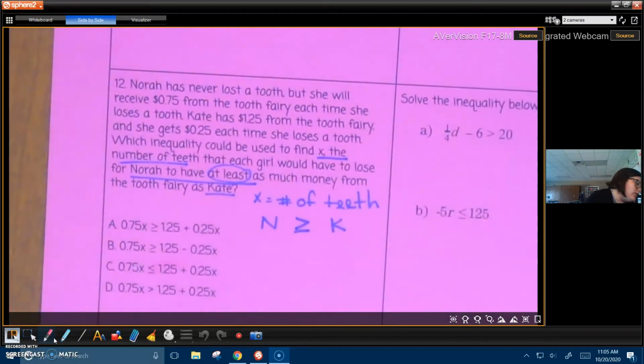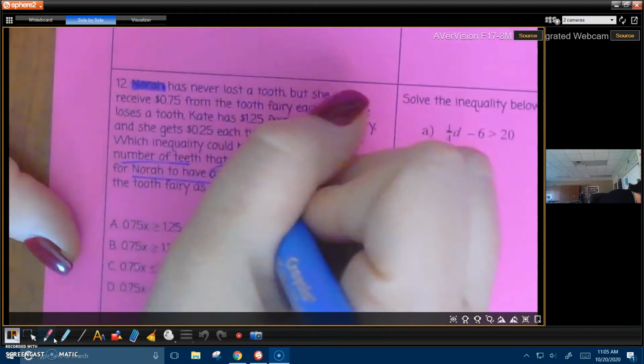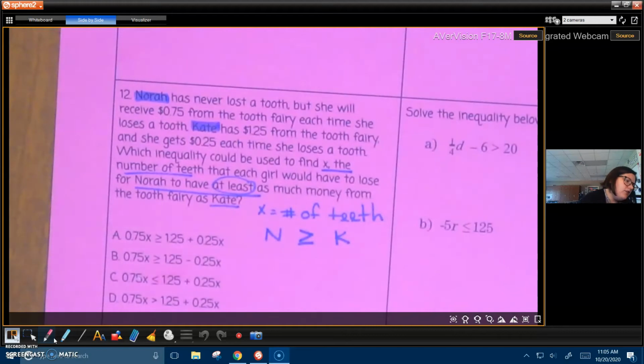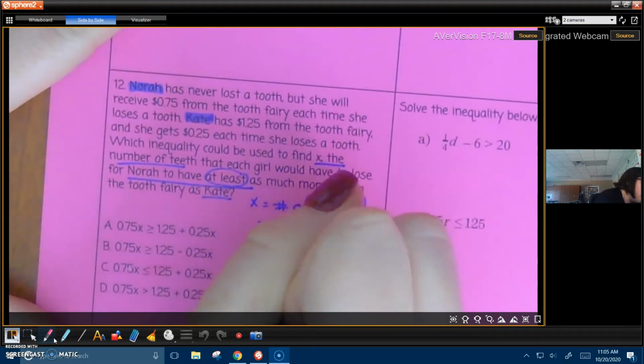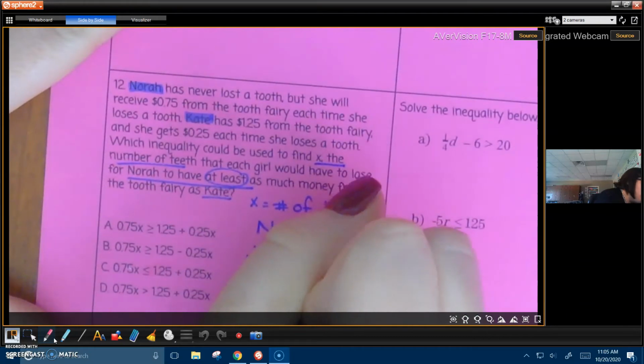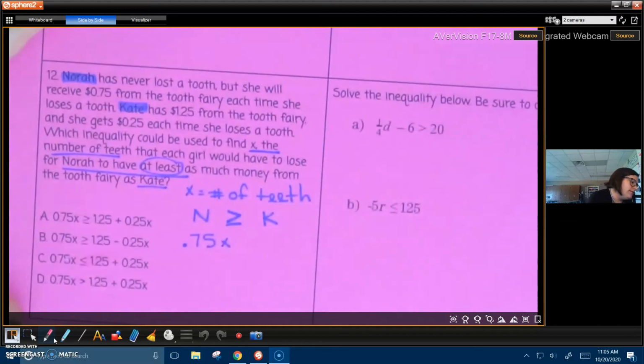So let's go back and read about Nora so we can come up with an expression. We have Nora and we have Kate. So Nora's never lost a tooth, but she will receive 75 cents per tooth. So that's 75 cents times however many teeth she loses. That's how much money she will earn.